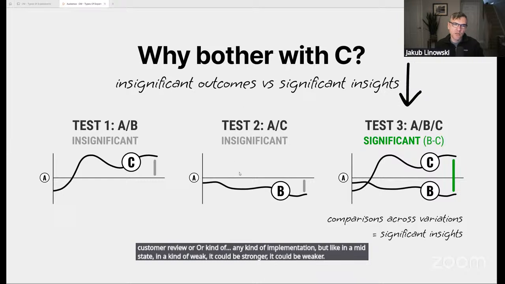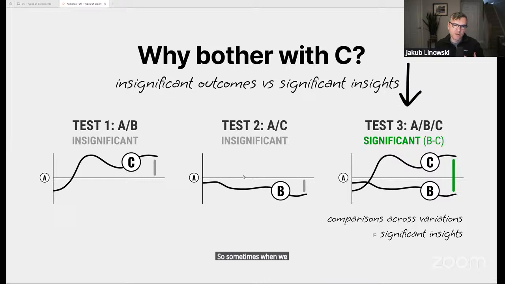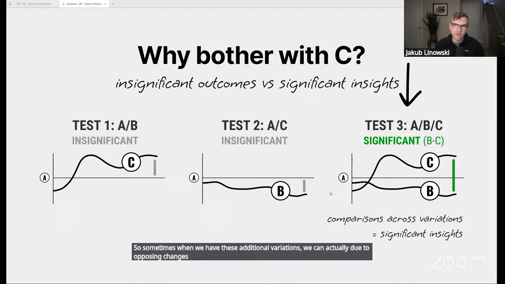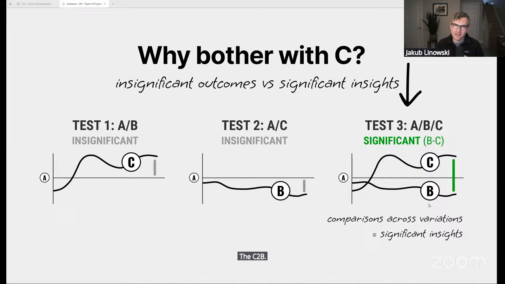So sometimes when we have these additional variations, we can actually do two opposing changes. One, like C variant here, is strengthening the change and B is weakening. And I'll show one example of this. And then when we compare, we don't have to compare A and C or A and B. We can compare C to B as a strong hypothesis in itself. If that makes sense.